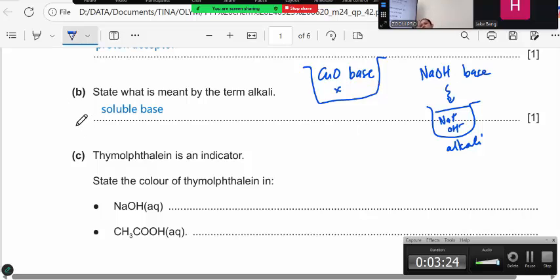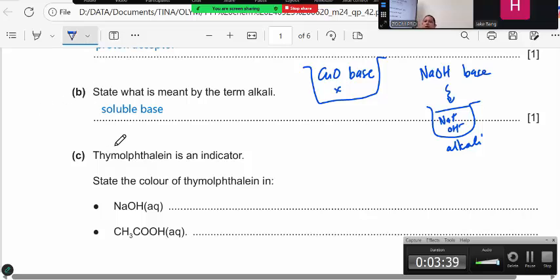Okay. You need to remember the indicators. How many indicators are there? Three: methyl orange, thymolphthalein, and one more? Litmus.